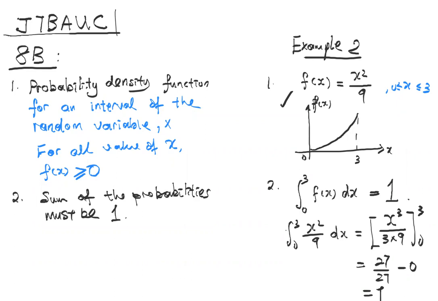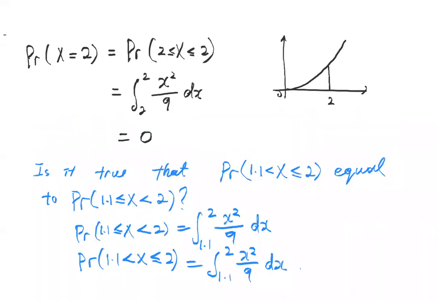We'll give you a range. Because in past years, they asked you to explain why the probability of x equal to 2 is equal to 0. You have to explain in this way, using the idea of integration.